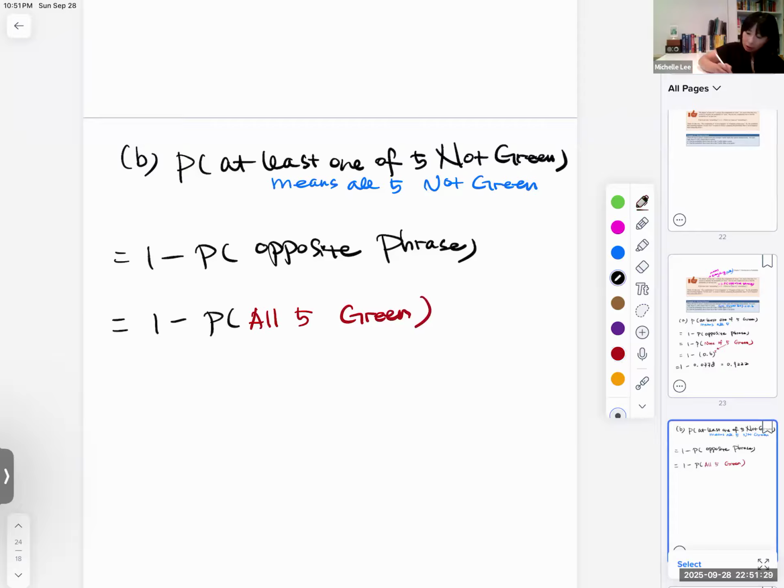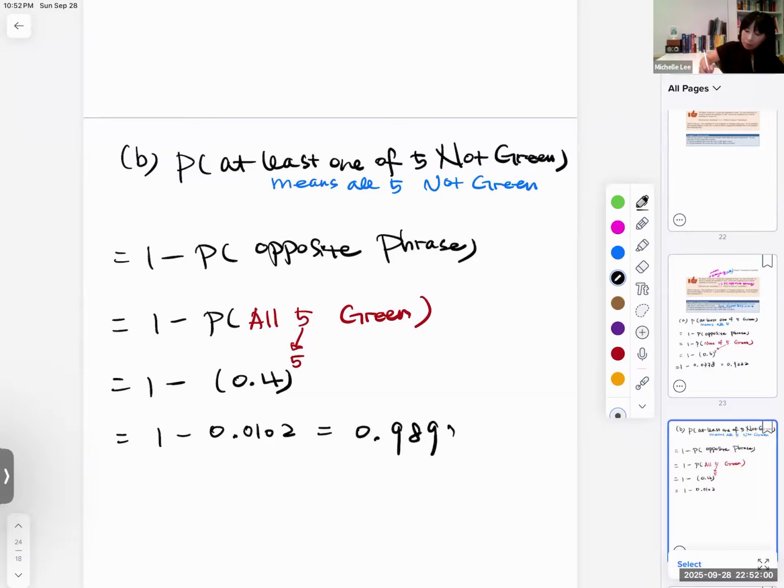So there will be 1 minus, what's the probability of a green? 0.4, and then all 5 is here. We had that probability earlier from the previous example, so 1 minus 0.0102, which is 0.9898.